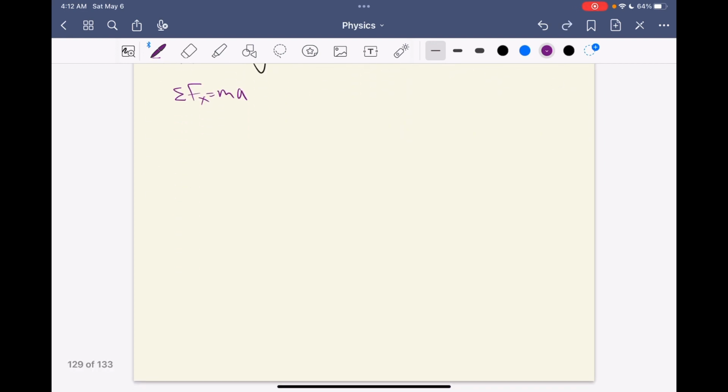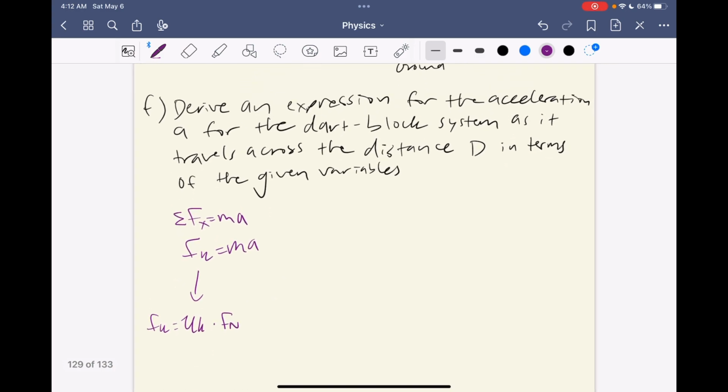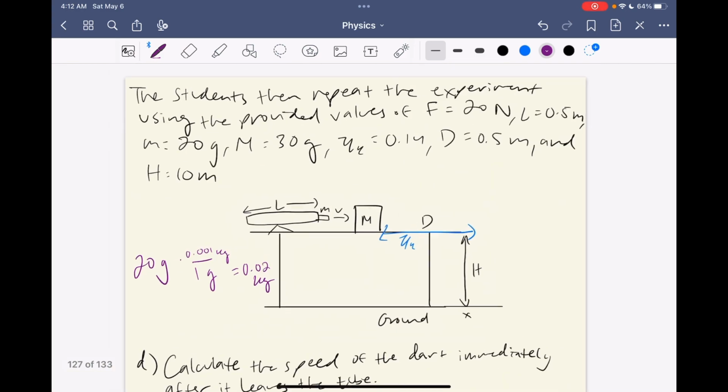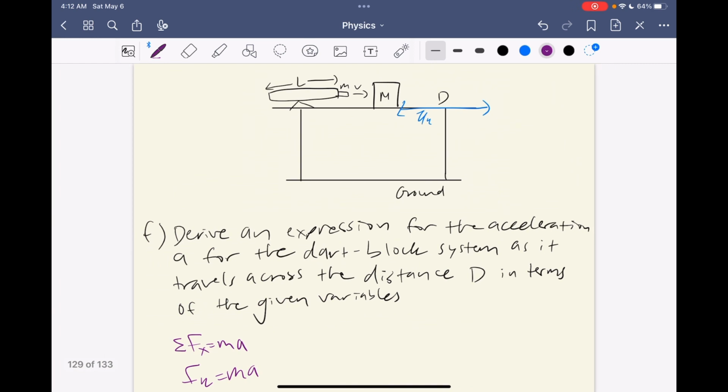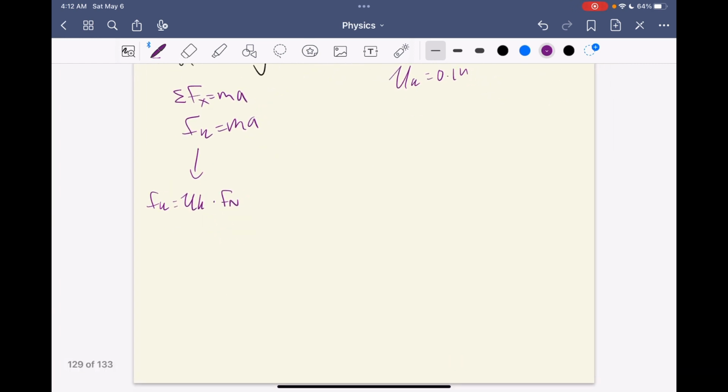So we could do Fk equals ma. Now we need to look for what Fk is equal to. Fk is equal to mu k times Fn. However, we need to know what Fn is equal to before we multiply it by mu k, because we're already given mu k. Mu k was 0.14. Let me write that down real quick.